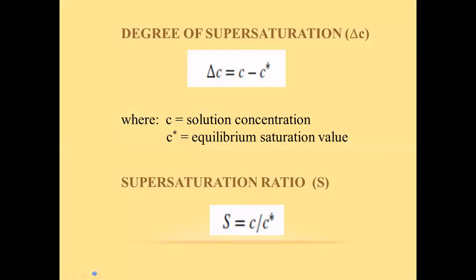Now, how do we express the supersaturation of a particular solution? By the way, the main reference material that is being used in this set of slides is not Coulson, it's not McCabe, but a different source. I forgot the name. I'll give you the name of the author later. It's a unit operations book in volumes.